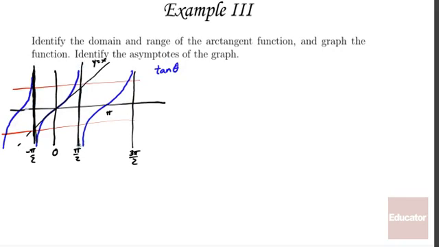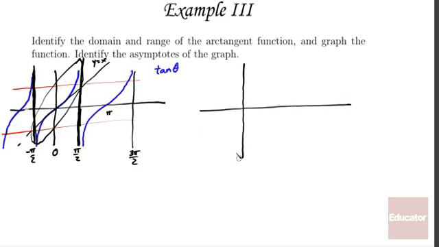So I'll cut it off at these asymptotes at negative pi over 2 and pi over 2. And I'll just take this part of the tangent function and I'll flip it around to make the arctangent function. So I'll do this in red. Arctangent of x.